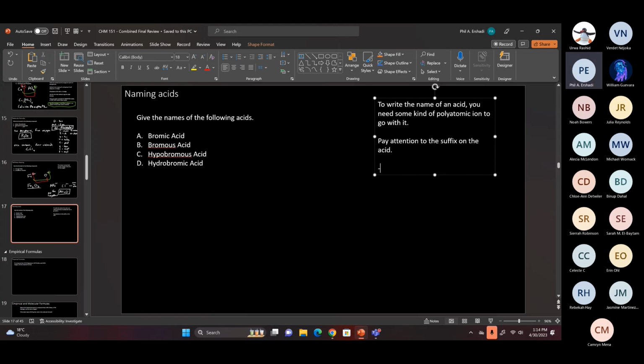So if you see the suffix IC at the end of the acid, that means you're going to go to the polyatomic ion table and then look up something that ends in ATE, something associated with the acid in question.